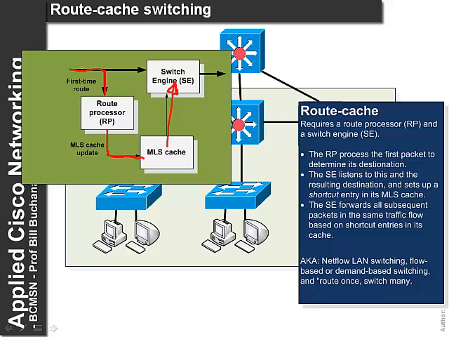So we have a first time hit. Once the optimal route is determined, then it is stored in the MLS cache, and the switch engine can easily switch it. This is typically known as route once, switch many.